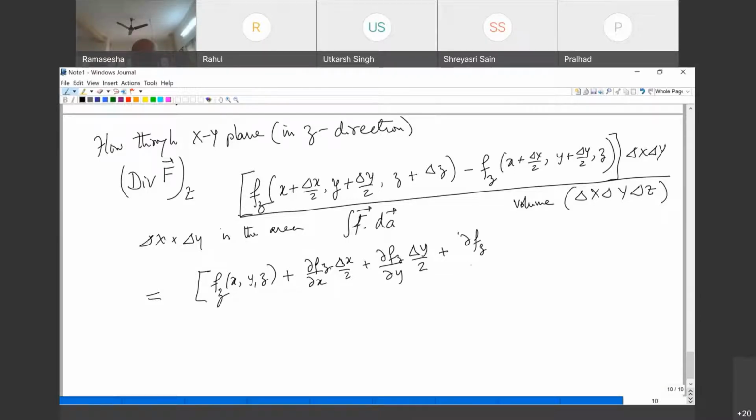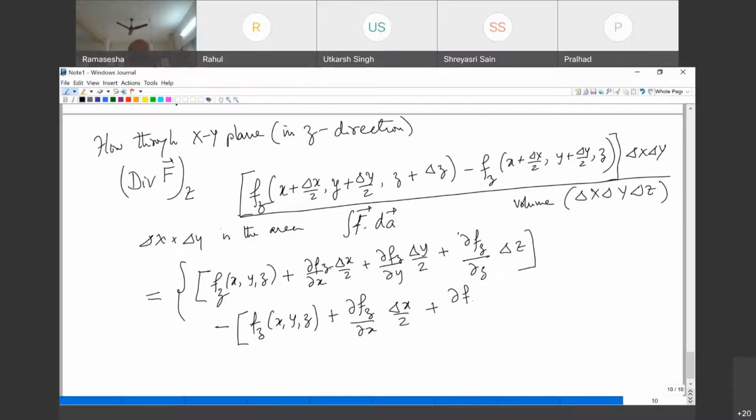So I have delta f_z by delta z times delta z, minus f_z at x, y, z. Minus delta f_z by delta x by 2, actually plus, plus delta f_z by delta y by 2.